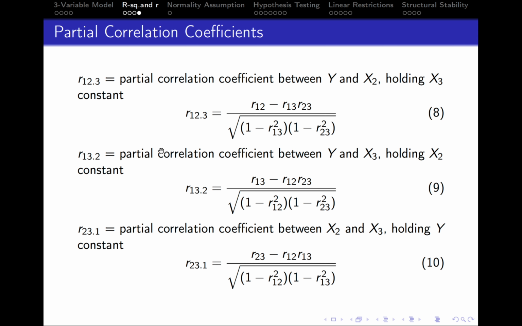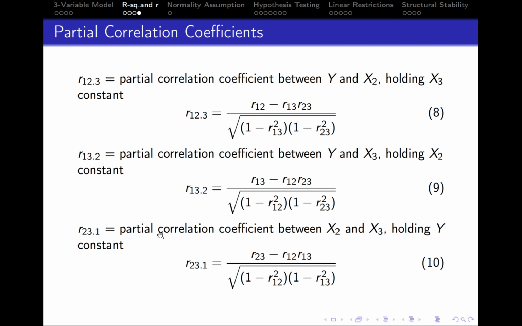Similar idea for the partial correlation coefficient between y and x3. In this case, we hold x2 constant, and this is the formula. We need some individual coefficients, like the correlation coefficient between y and x3, y and x2, x2 and x3, and so on and so forth.